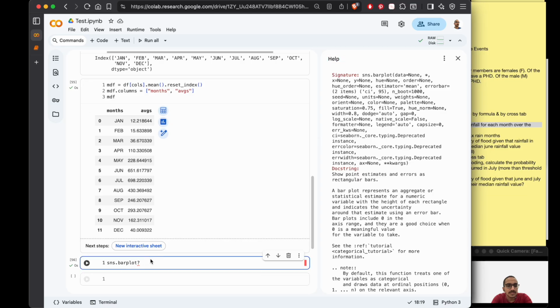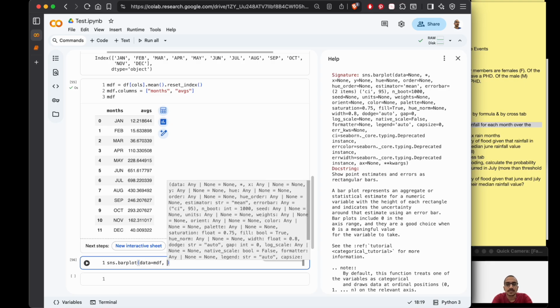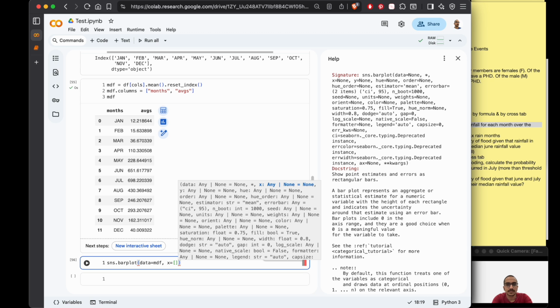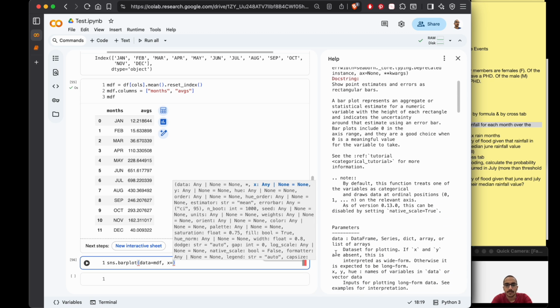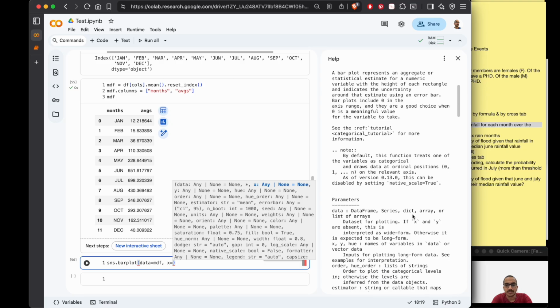Data, obviously, the data will pass the data as mdf, and the x-axis x value. Okay, so you see data is data frame series, x is x, y are names of variables in the data.